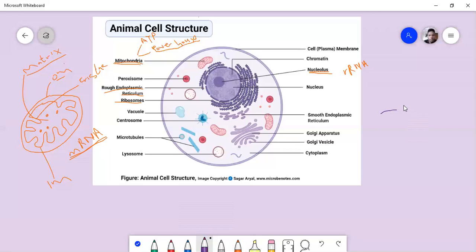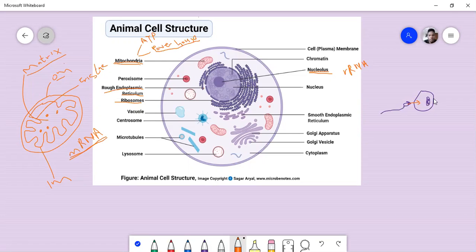when the sperm of a male comes and joins the ovum, the ovum already has what? Mitochondria in it, because it's a cell, right? So the sperm, not the whole of this cell goes into the ovum, right?